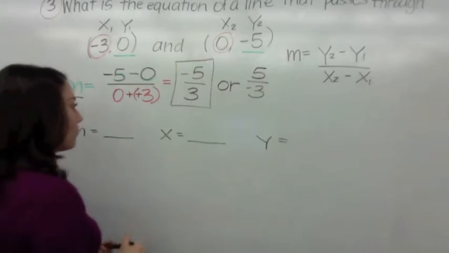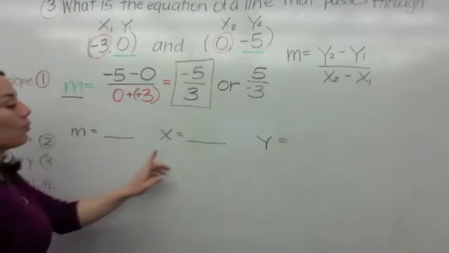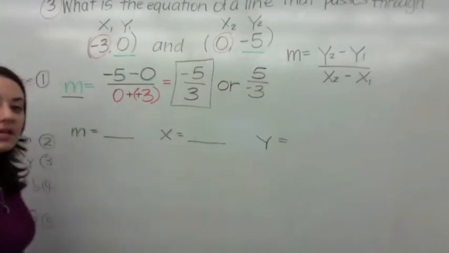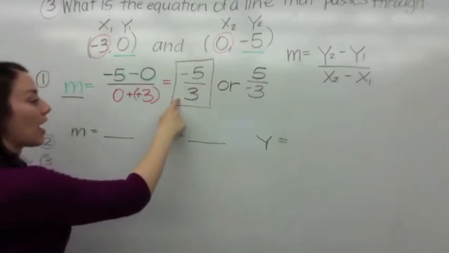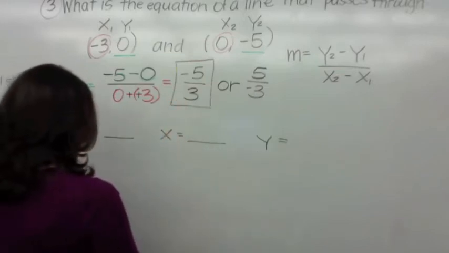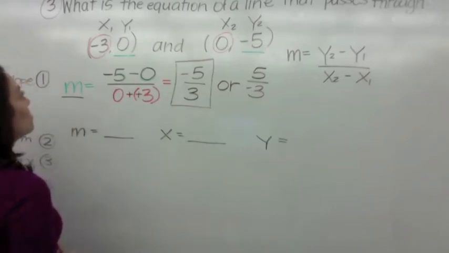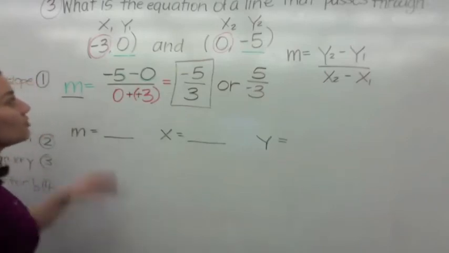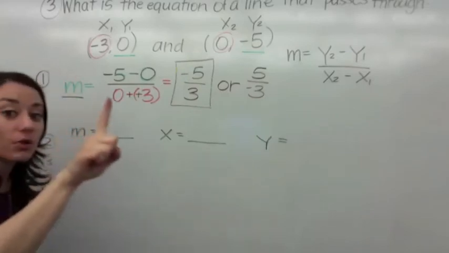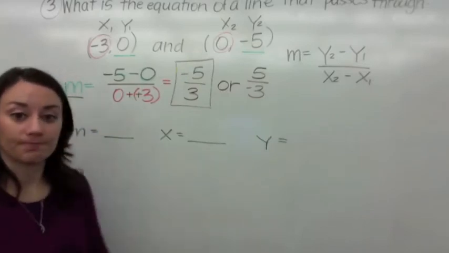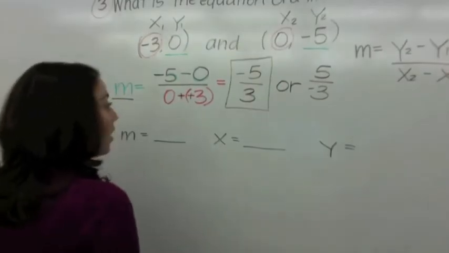Now we can identify slope and one coordinate point. What are we identifying? Slope and one coordinate point. So the coordinate point that I always want you to choose is going to be which one? The first point. Let's choose the first coordinate point. What is the slope again?